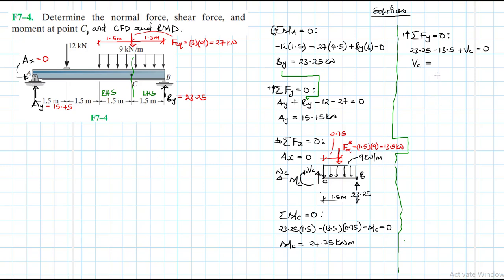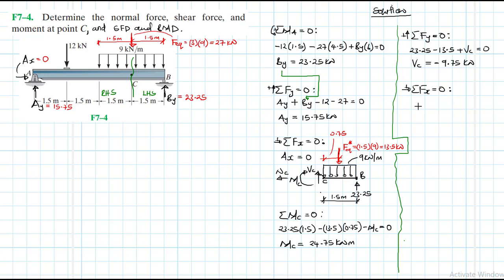This gives us a minus 9.75 kilonewtons. Right, 23.25 minus 13.5, 9.75.